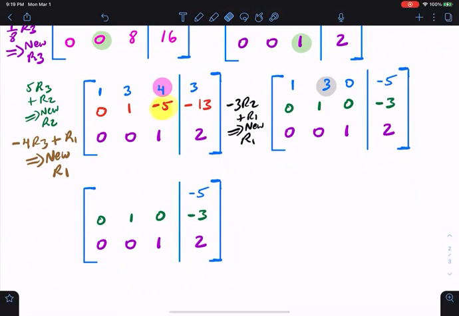Let's keep it like that for you to see the calculation. So as I claim, -3 times 0 is 0, plus 1 is 1. -3 times 1 is -3, plus 3 is 0. So finally I get rid of this, right? And then -3 times 0 is 0, plus 0 is 0. -3 times -3 is +9. 9 minus 5 is 4.